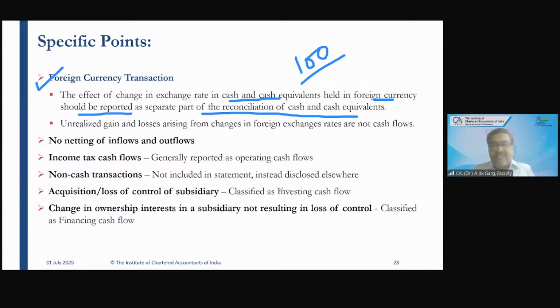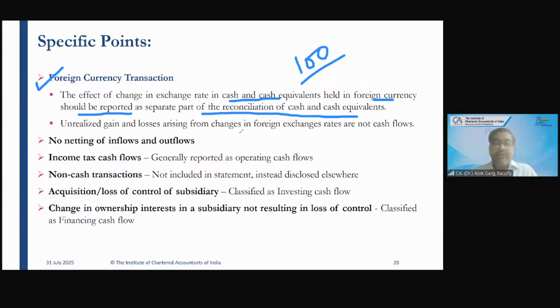So standard says that unrealized gains and losses arising from changes in foreign exchange rates are not cash flows, right? So when you are preparing your cash and cash equivalent reconciliation, the foreign exchange impact has to be shown separately in the reconciliation. This is what standard says.